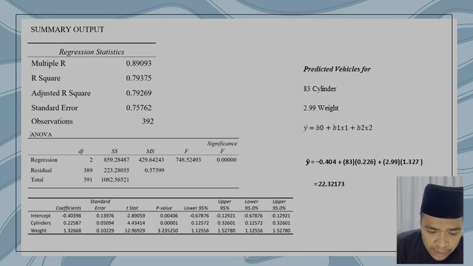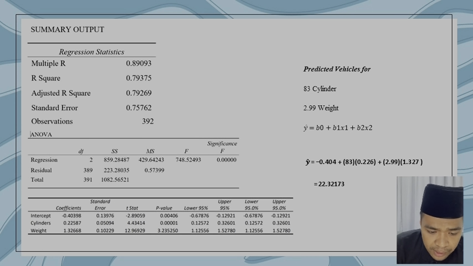The B0 is the intercept value, which is negative 0.404. B1 value is the estimate for prediction on 83 cylinder data. X1 value is the coefficient value in the regression model table summary, which states 0.22587.